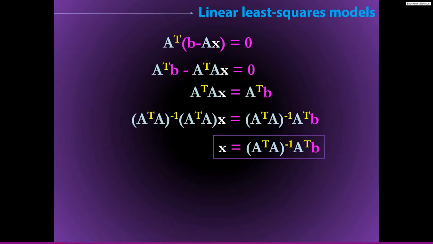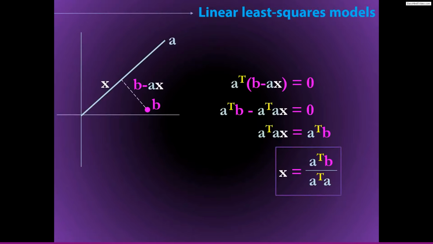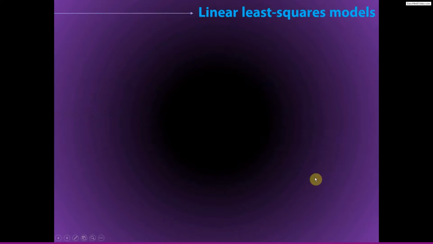I'll go back quickly. So here we had A transpose B over A transpose A. And here in this two-dimensional case, A transpose A is the dot product, so that just reduces to a single number. So there the division is okay.